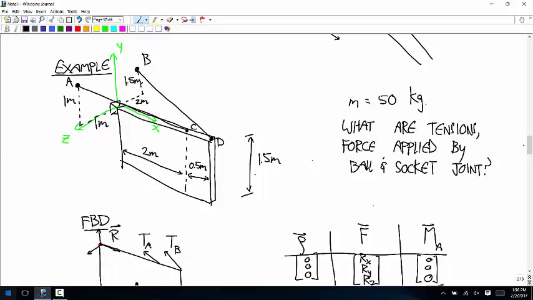Ideally you would come up with your answers for these forces as functions of F. The way you would do that in your calculator is you would treat F like it was a number. When you wrote out those equations, you'd get F alone on the right side of the equation or with other numbers. Then if you put that in just like you do with numbers, your calculator would give you an answer at the end in terms of that F.